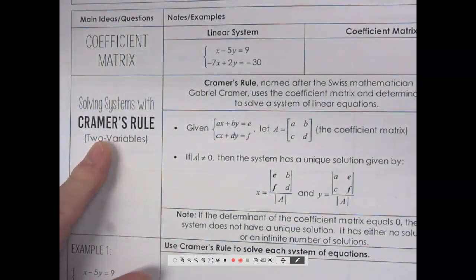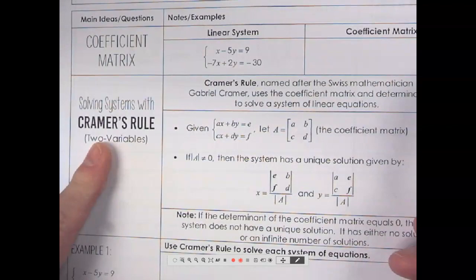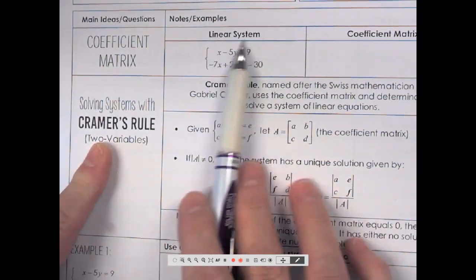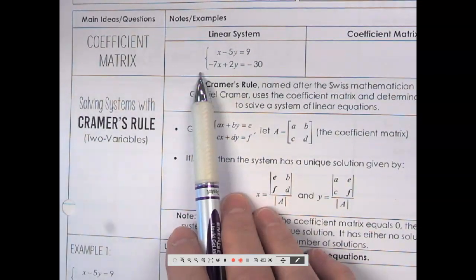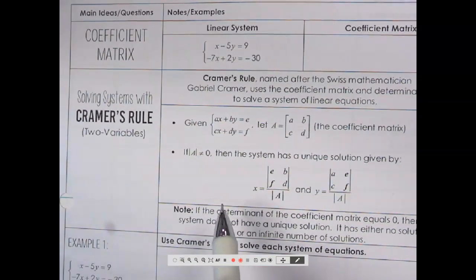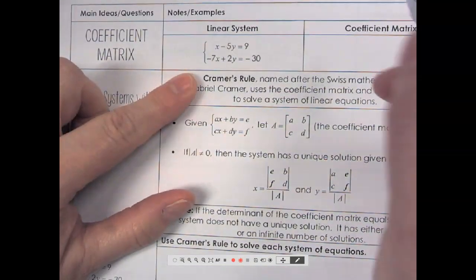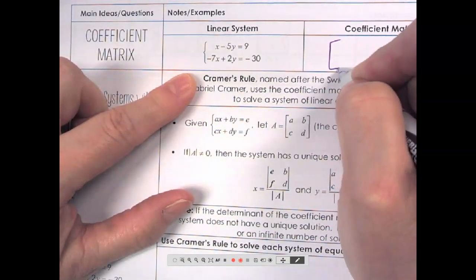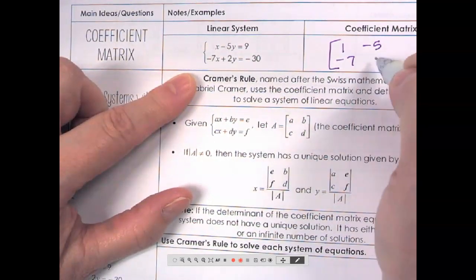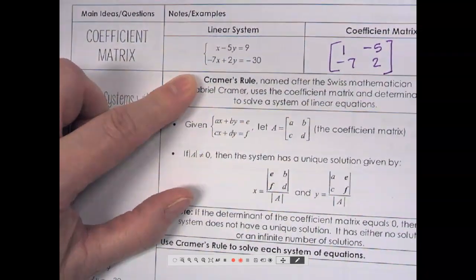Okay, so what we're going to do is form a coefficient matrix. In our system of equations, we're going to line it up like we normally do with x's, y's, equals, constants all lined up in a similar fashion. And our coefficient matrix will just consist of all x and y coefficients.